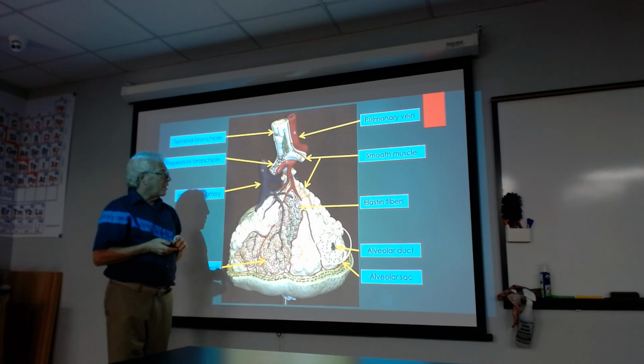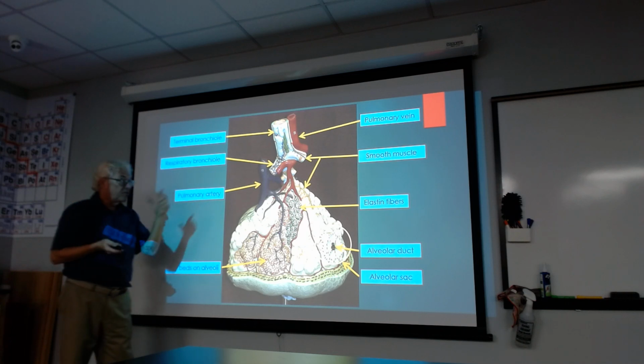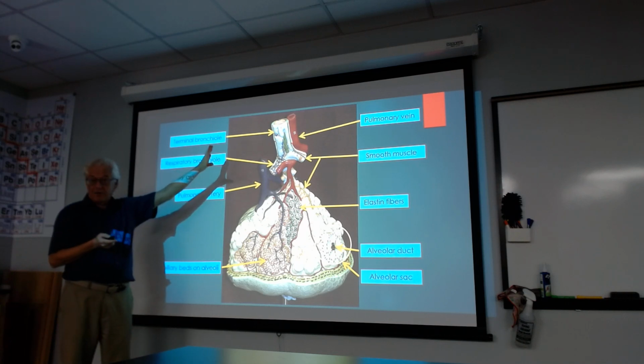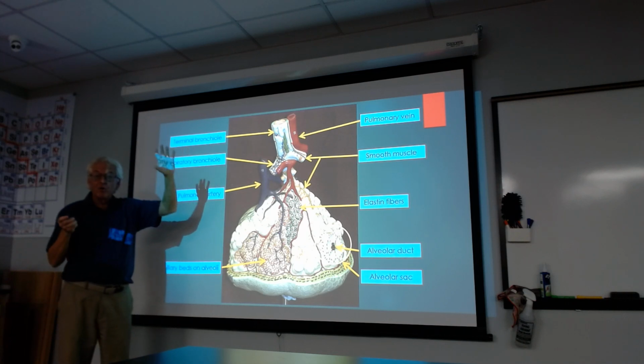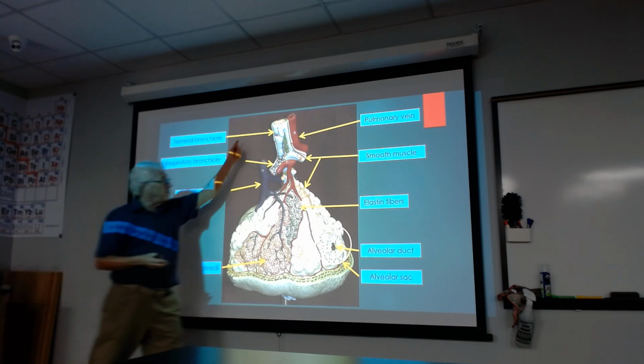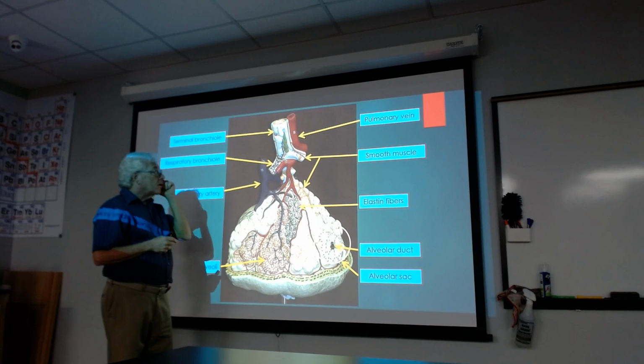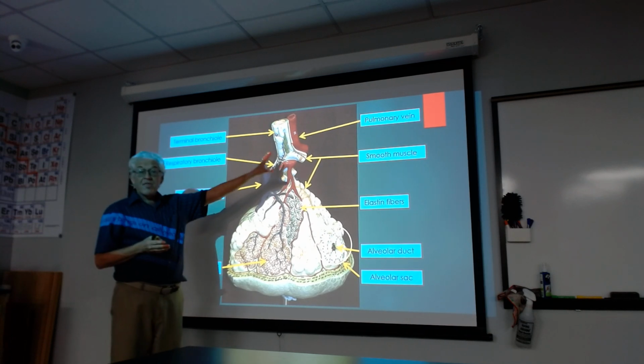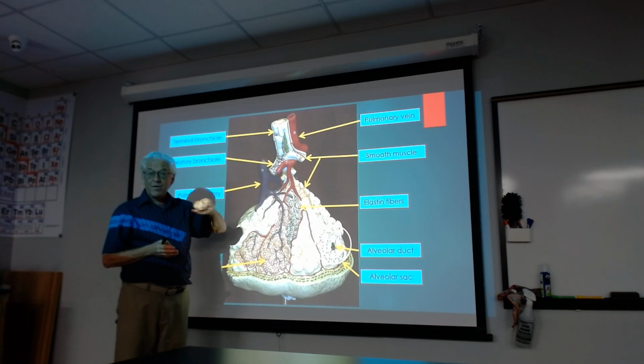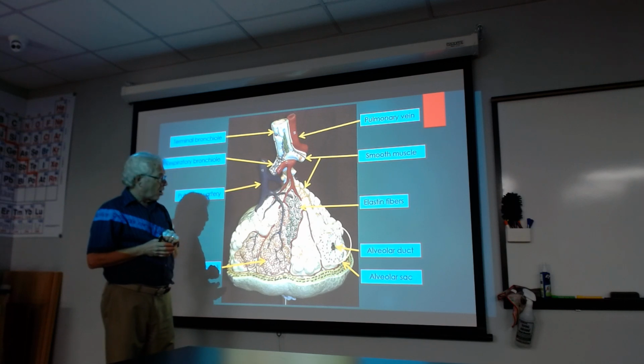Alrighty? But that's why it's called the terminal. It's the last of it. Okay? That has nothing to do with exchanging gases. It's just bringing it in and bringing it out. Okay? Alright. So, as we know, anything red is a pulmonary vein, anything blue is a pulmonary artery.